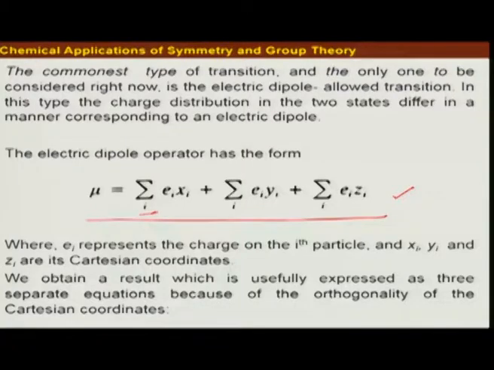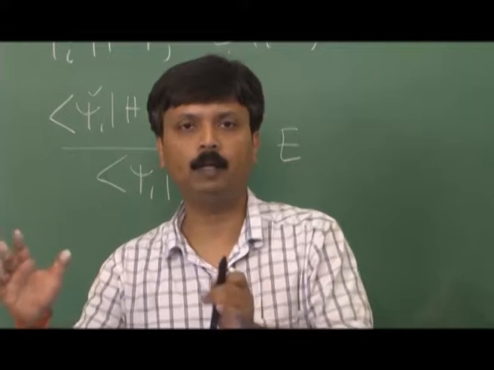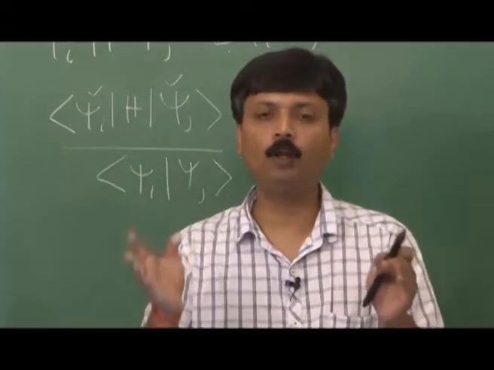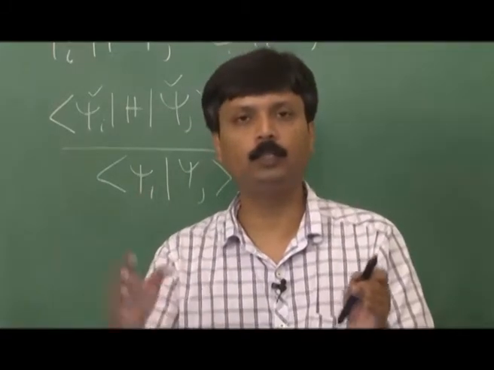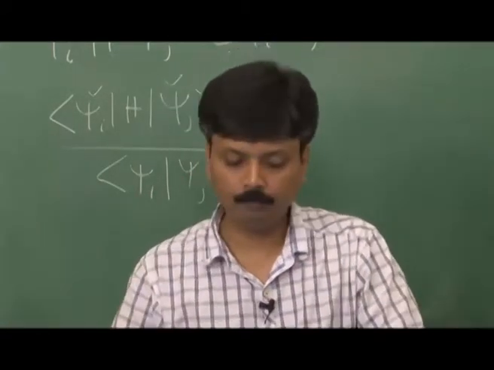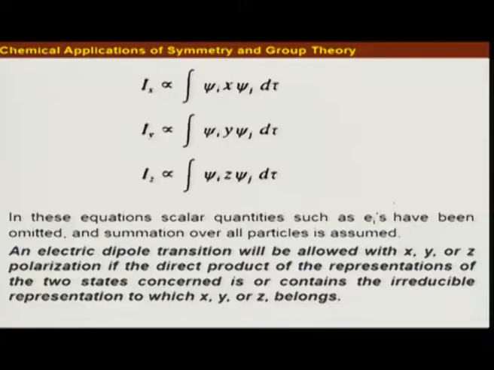So I can separate them out very easily as shown here in this particular equation. When I can separate different contributions of mu, that is mu x, mu y, and mu z, I can split the transition moment integral also into 3 different integrals as shown here. So I can have an integral which is dependent on the x coordinate, and then y coordinate and z coordinate. Fine.